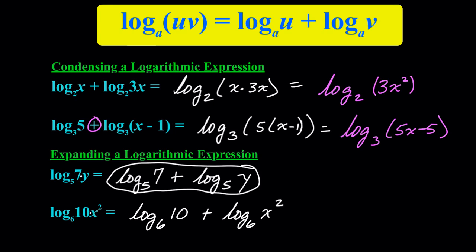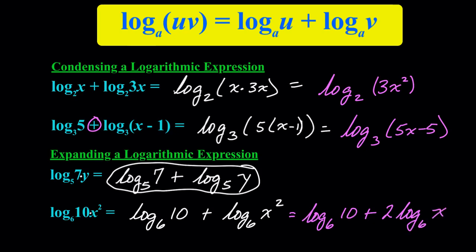However, this is not your completely expanded form, because what we need to do is use that previous property and bring this exponent to the front of your logarithm. So the completely expanded form is going to be log base 6 of 10 plus 2 log base 6 of x.